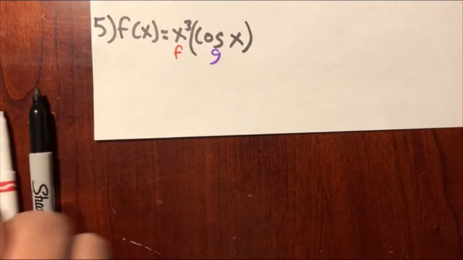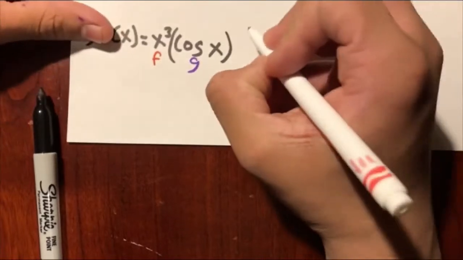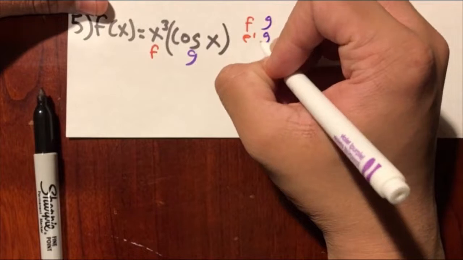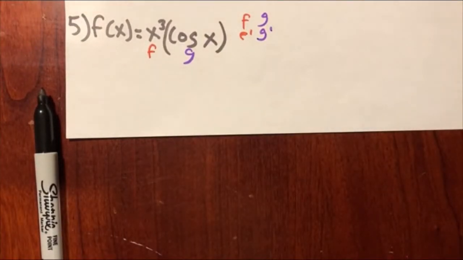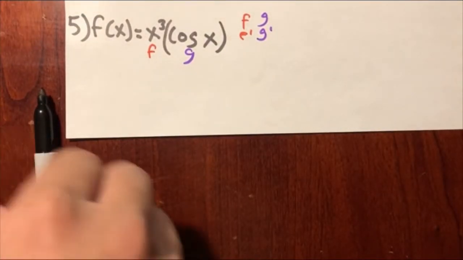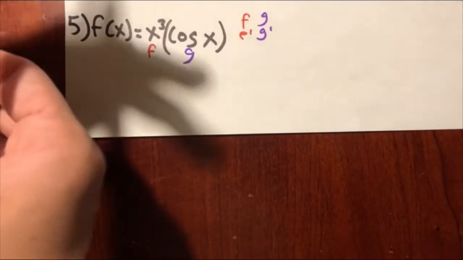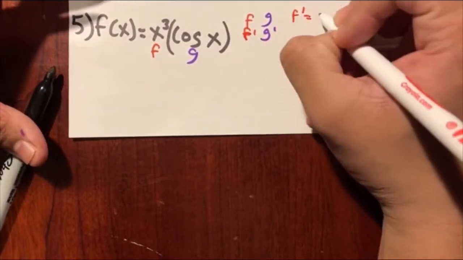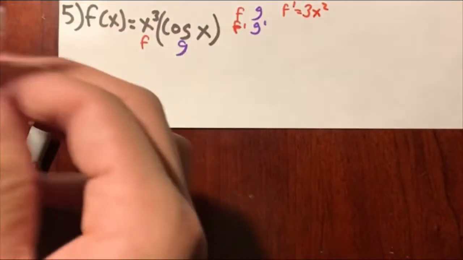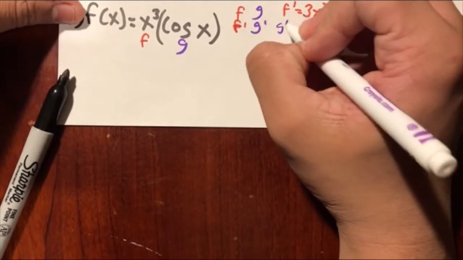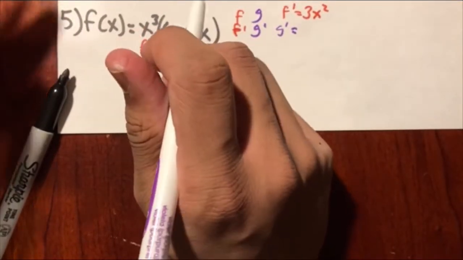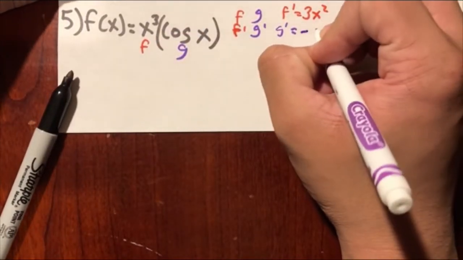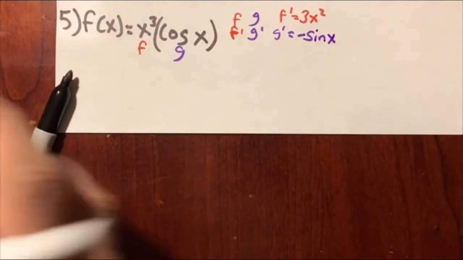So I'm going to use my method of f prime, g prime. Alright, it's a really good method. Everyone should use it. So I'm going to find f prime to be 3x squared. And then I'm going to find my g prime, which is the derivative of this, to be negative sine x.